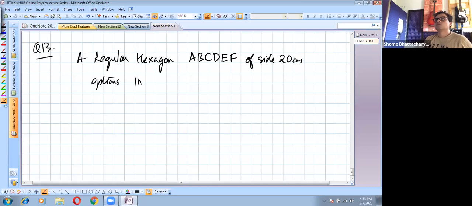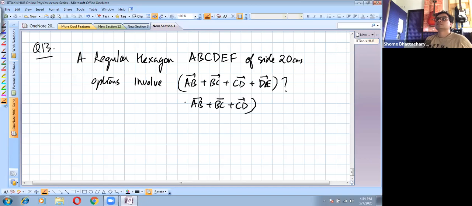Options involve operations like this: EB plus BC plus CD plus DE. We have to have some information about this. Then EB plus BC plus CD, information about this as a vector. And then also EB, I think plus BC minus CD. These all kind of things we have to do.